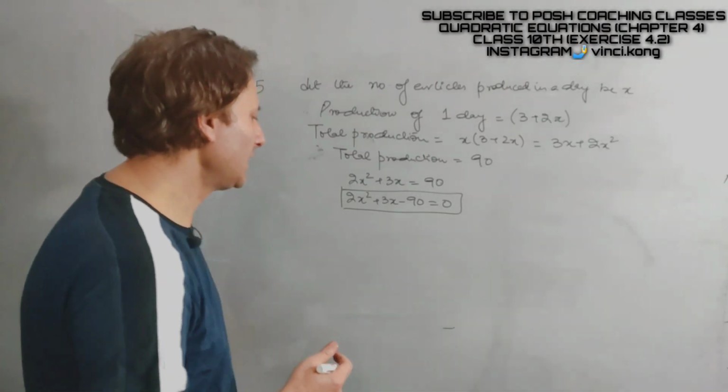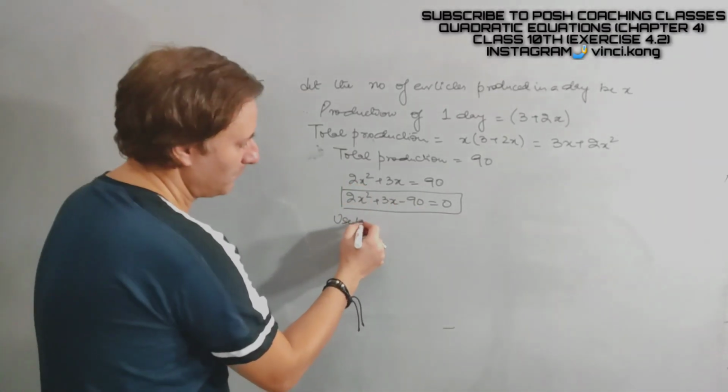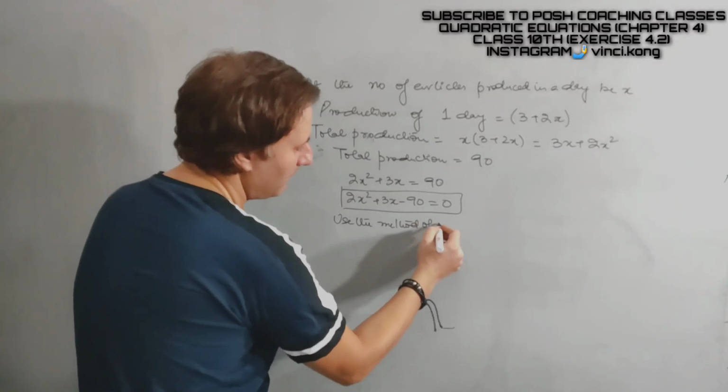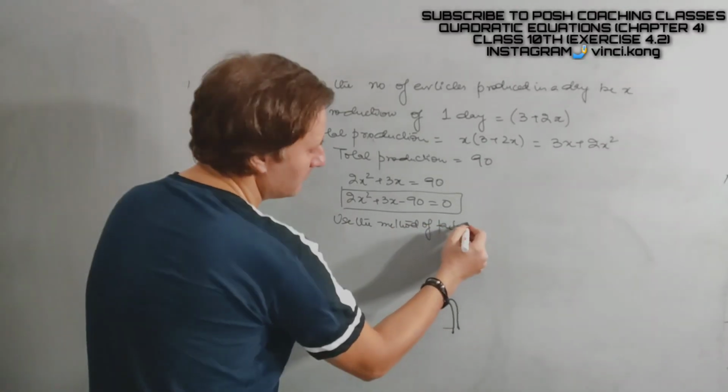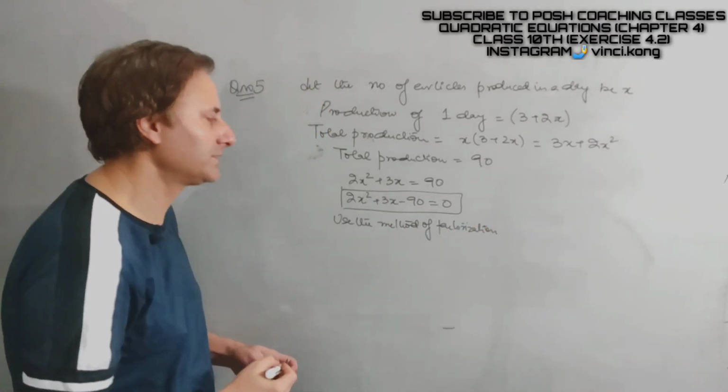Okay, so now let's use the method of factorization. What are we supposed to do? We are supposed to split this middle term.